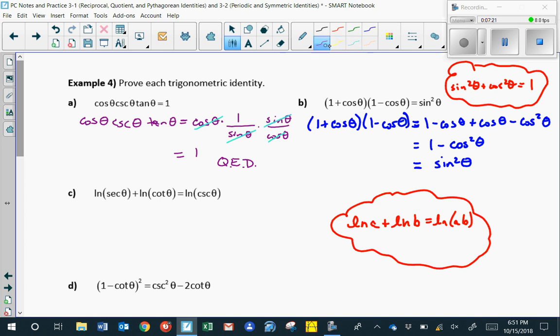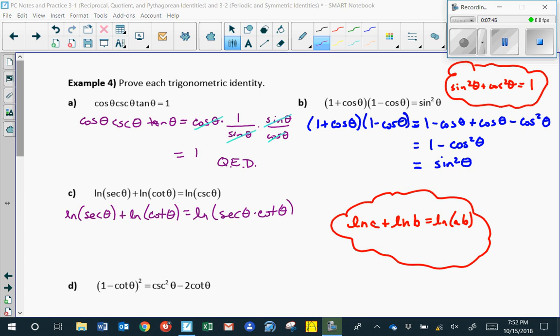So in C, we can take the natural log of the secant of theta plus the natural log of the cotangent of theta, and we can re-express that as the natural log of secant of theta times cotangent of theta.